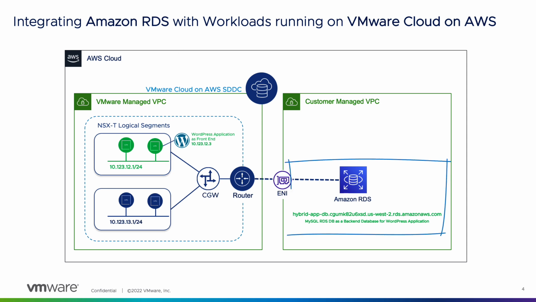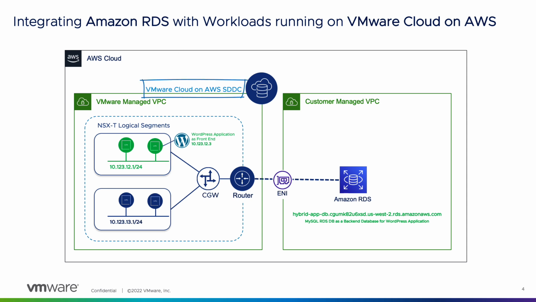We'll create an RDS instance, as you can see on the right hand side here, in a customer managed VPC. We already have a VMware Cloud on AWS SDDC that's also sitting on the AWS Cloud, and we have some logical segments where our application servers are sitting, and those are NSX-T logical segments, as you can see in this diagram.